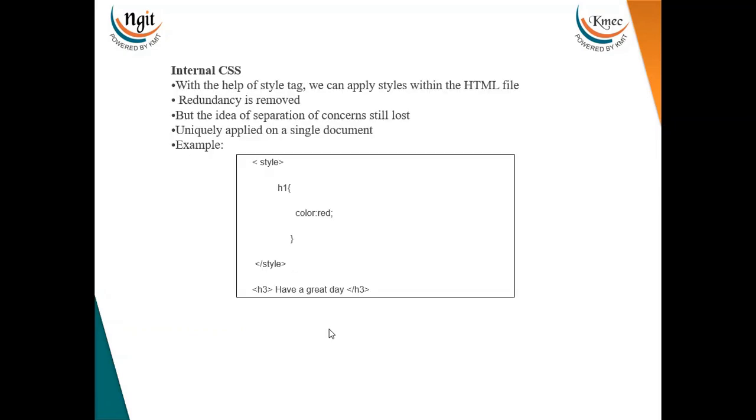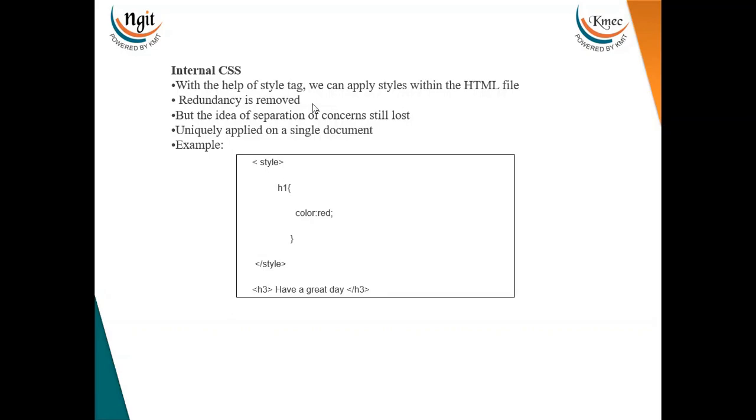That is inline CSS. Next is internal CSS. Internal CSS is within the HTML file; with the help of the style tag, we can apply styles within the HTML file. Here, up to some extent, the redundancy is removed, because we are writing it in the HTML file only. In the head tag, in between the style tags, we mention what style should be adopted by that HTML page's elements.